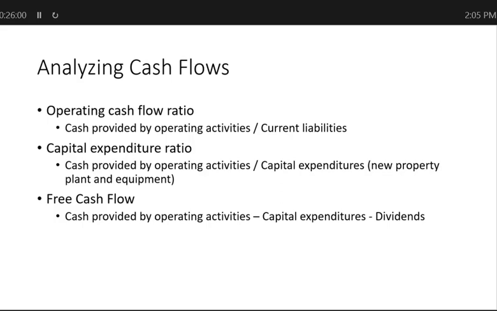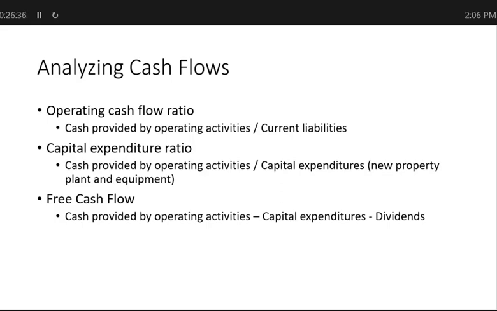Okay, take our cash provided by operating. You see a theme here. Cash provided by operating activities, the most important measure in all three ratios, divided by capital expenditures, which is what we paid for plant and equipment. Were we able to generate enough cash from just operating that we could buy new equipment, or did we have to borrow the money? So if we can have as much cash provided by operating activities as we have capital expenditures, then that's a good sign in that we don't have to use other people's money.